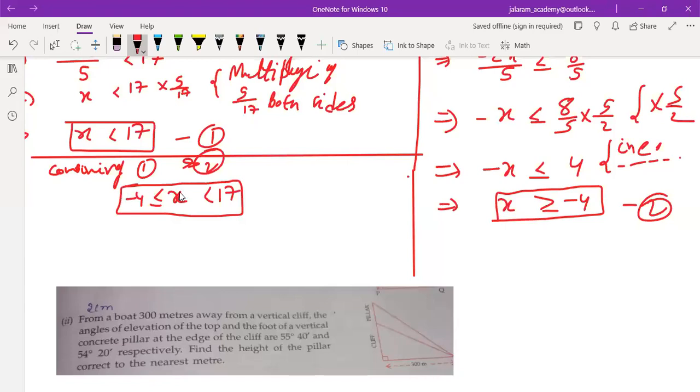So this is the solution set for x. x is such that x lies between minus 4 to 17, x belongs to real numbers, is the solution set for x.